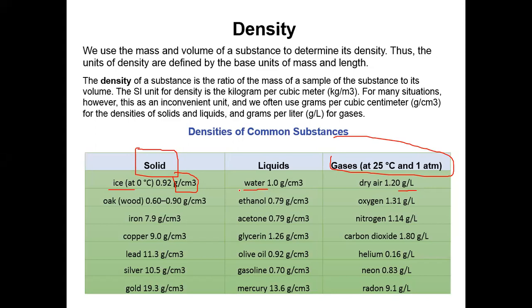Once it freezes, it keeps a particular structure which is less dense than water. But everything else, solids are heavier than liquids. For the same volume, a cubic centimeter for both liquids and solids, if you compare iron to acetone, it's like 10 times heavier.